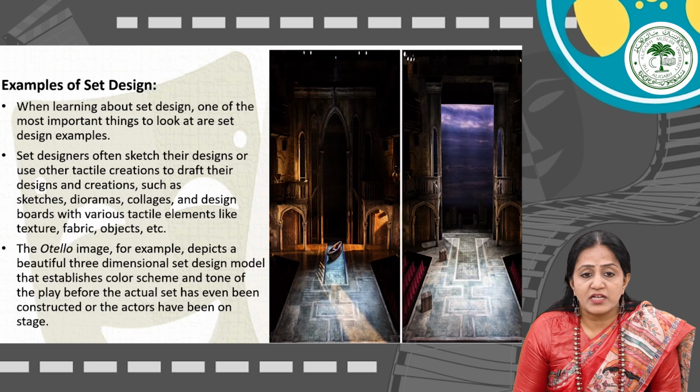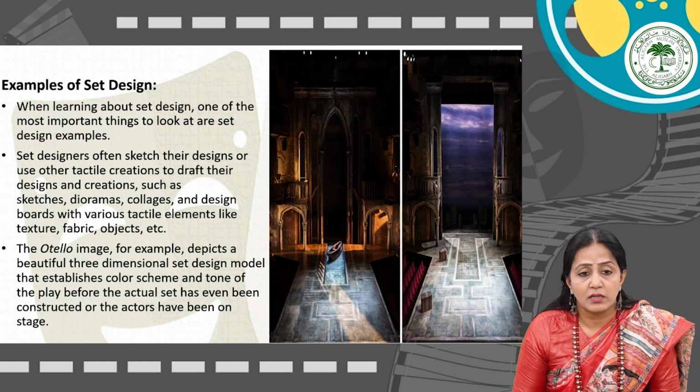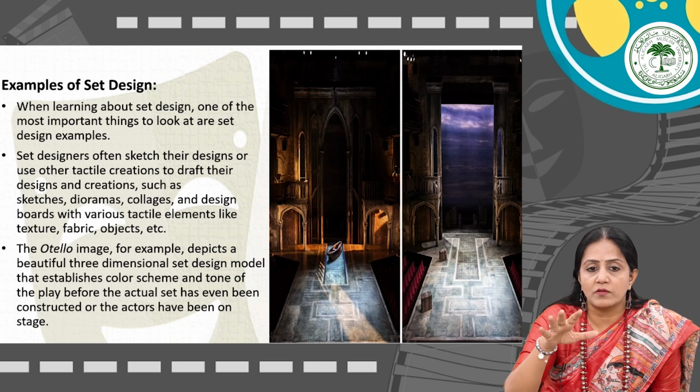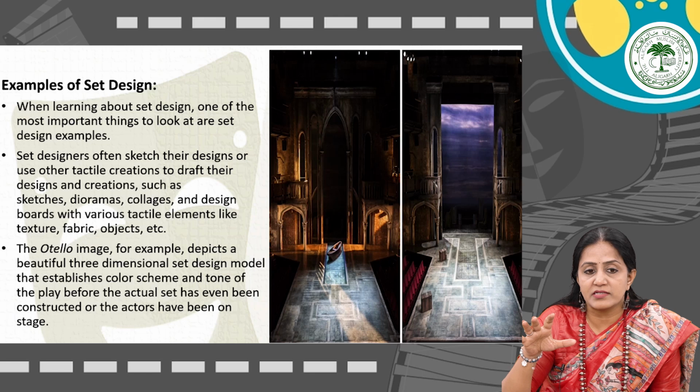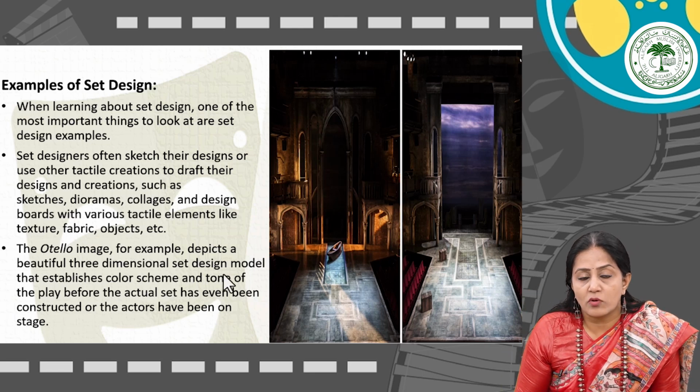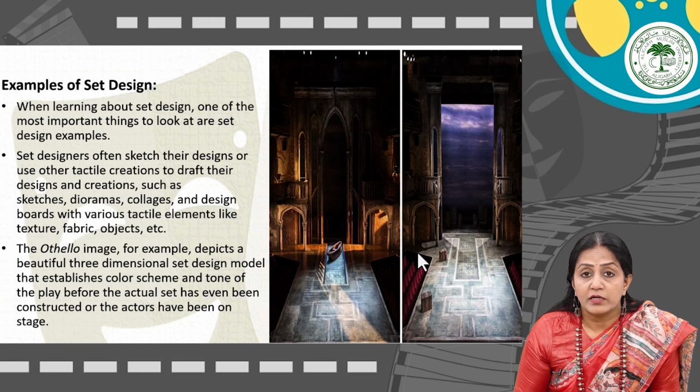This depicts a beautiful three-dimensional set design model that establishes the color scheme and tone of the play before the actual set has been constructed. In these two pictures, you can see how the perspective is adding more depth to the entire scene. It establishes the color scheme and tone for the mood of the play Othello. So this is how we can depend on set designing.